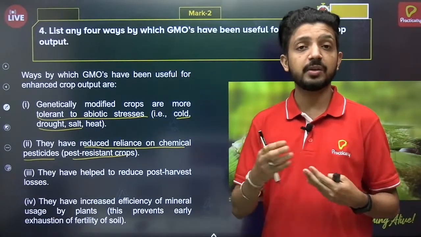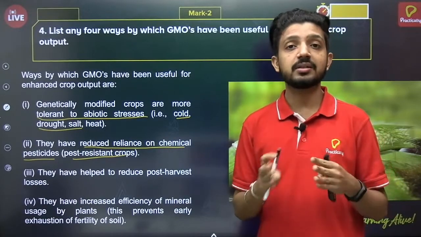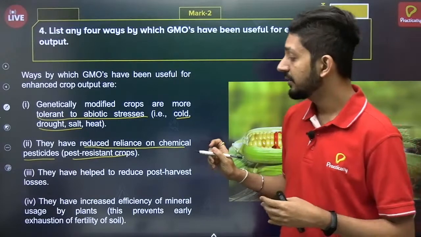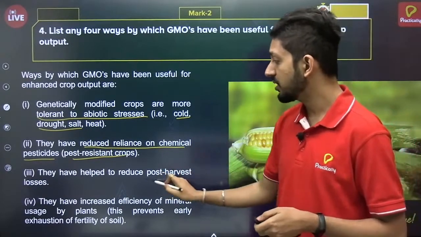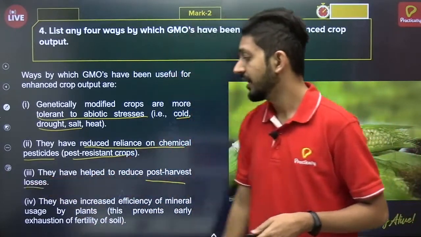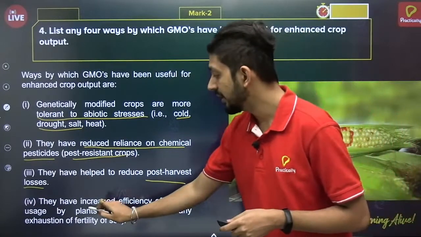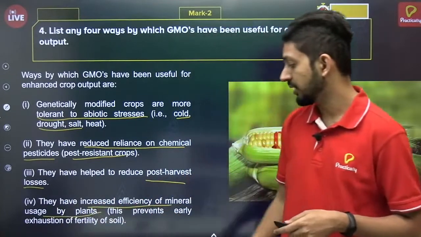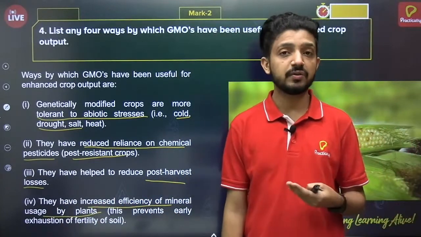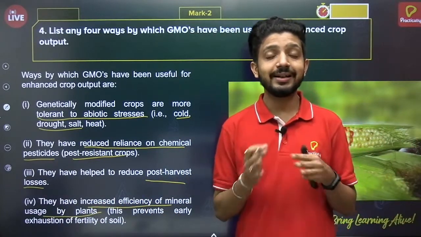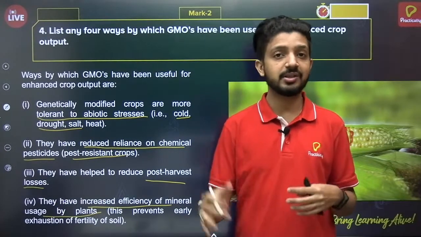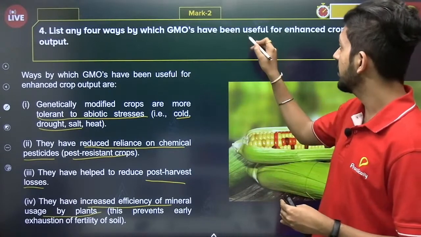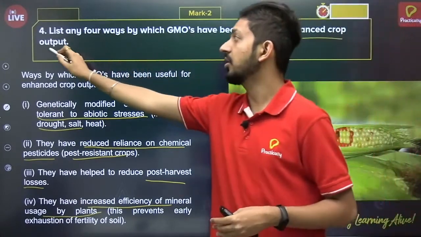By using biotechnology, you can produce such plants which are resistant to the insects which cause harm to them. Then they have helped to reduce post-harvest losses, and hence they increase the efficiency of mineral usage by plants. Okay, this prevents early loss of fertility of soil. So it also doesn't let the soil become infertile by just one harvest. Okay, so in this way the genetically modified crops can be useful for enhanced crop output.